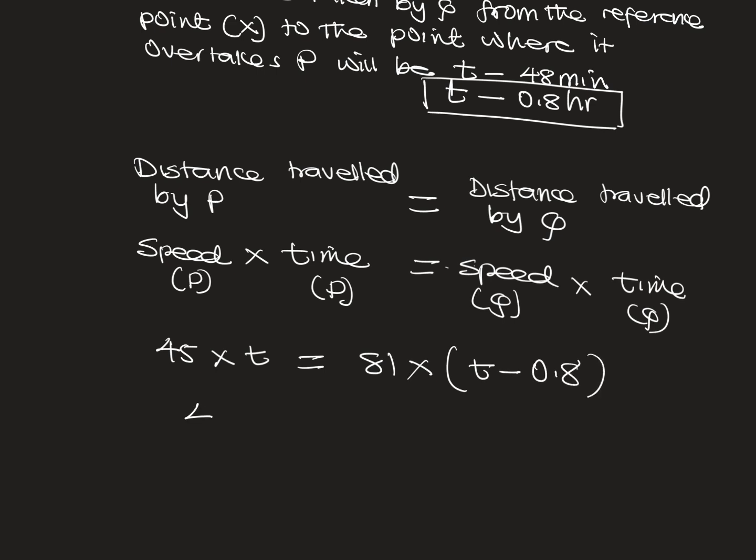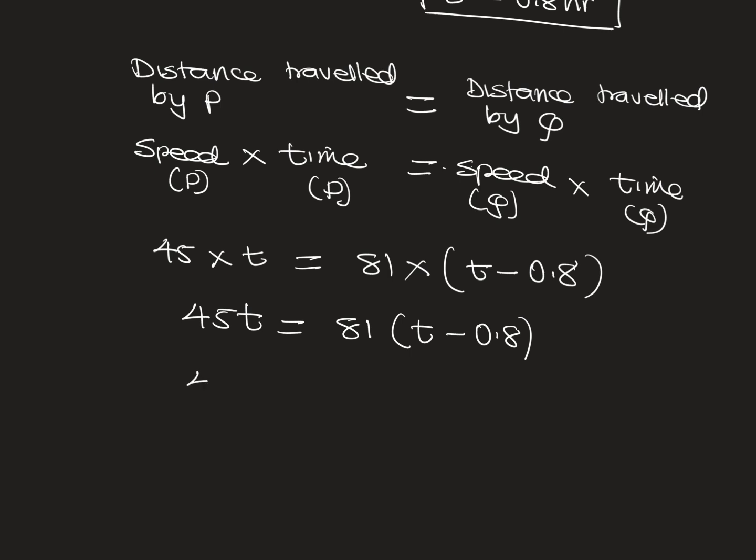Okay, so that will be 45T is equal to 81 into T minus 0.8. That will be 45T is equal to 81 times T, which is 81T, minus 81 times 0.8, which gives 64.8.